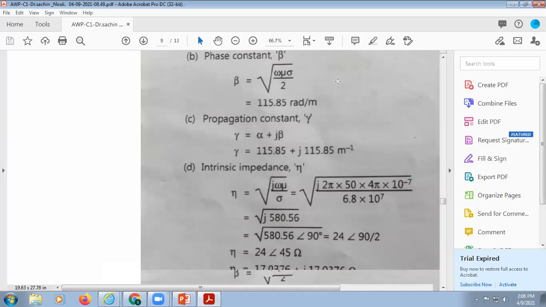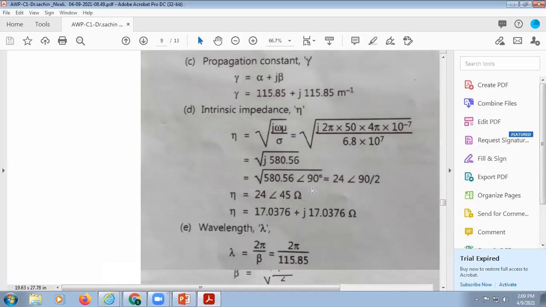Propagation constant. Okay. So intrinsic impedance eta is related to the conductivity, root of j omega mu divided by conductivity. Again the 2 pi f. So 2 pi into 50 into mu, which is mu 0, that is 4 pi 10 to the power minus 7, conductivity 6.8 into 10 to the power 7. So in this case, we are going to simplify.